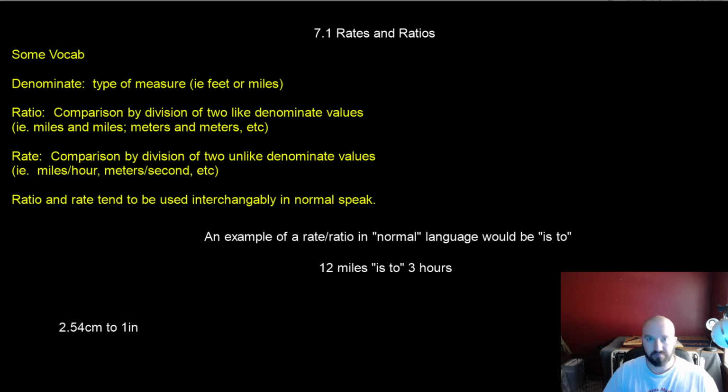Here's some vocab. I know nobody likes vocab, but we got to know what we're talking about, because otherwise words don't matter. Anyway, the word denominate here is a very old word, I guess. It's a $10,000 word. Basically, they're talking about what type of measure it is. Are you measuring in miles? Centimeters? Cubic feet?